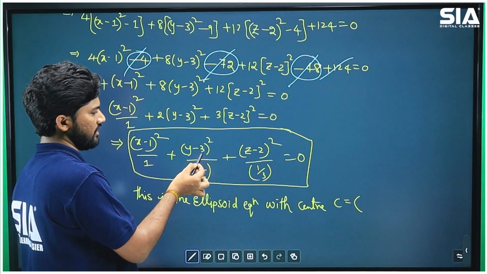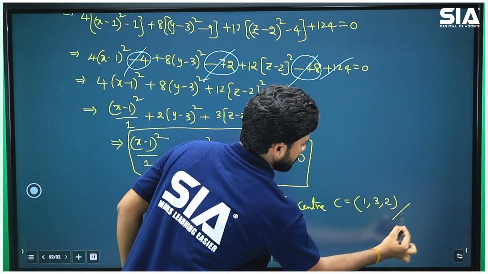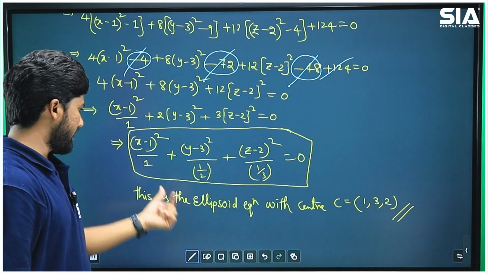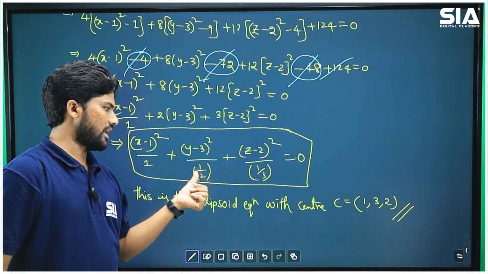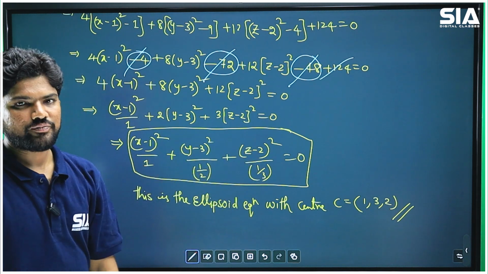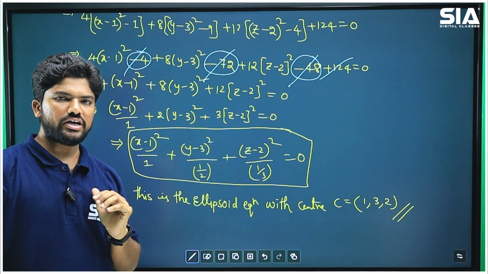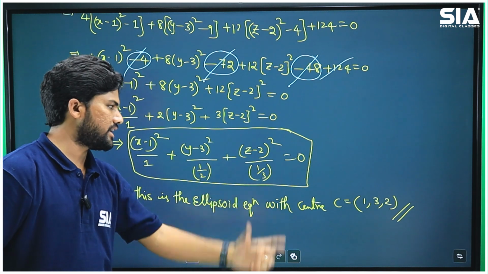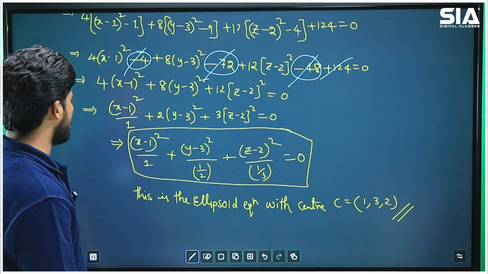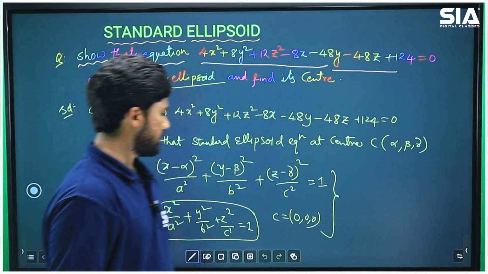Alpha value 1, beta value 3, gamma value 2, with the center 1, 3, 2. It asked to find its center. A square value 1, B square value 1 by 2, C square value 1 by 3. So in this format, you have to convert the given equation into ellipsoid form, and that gives the center. So this is the total process and the total explanation of this problem.